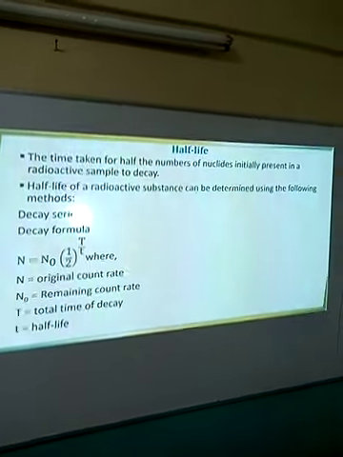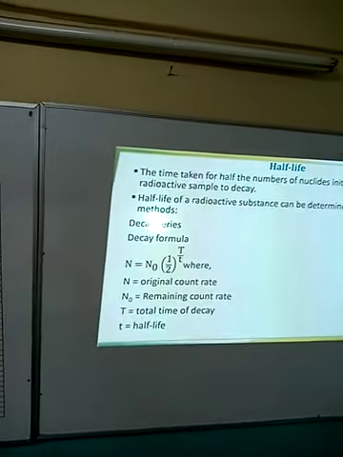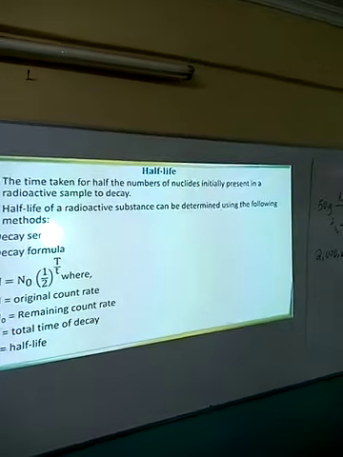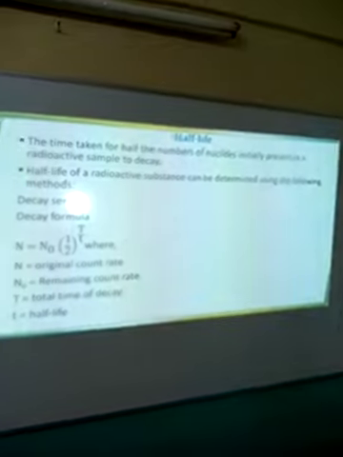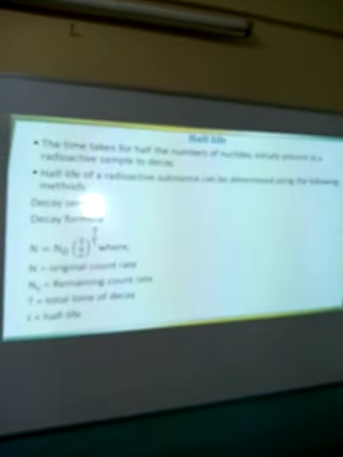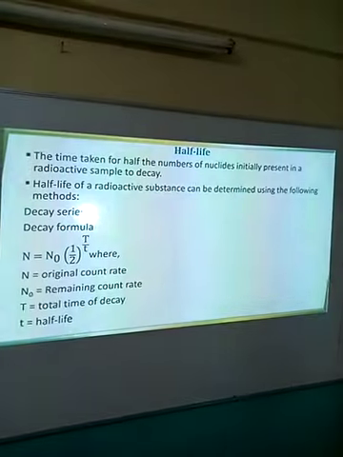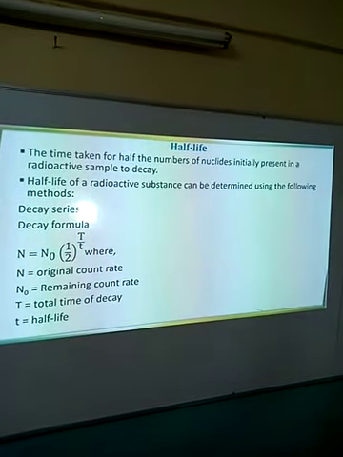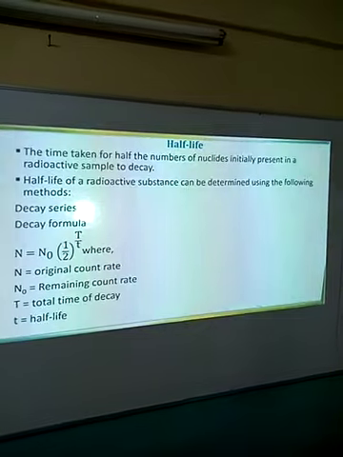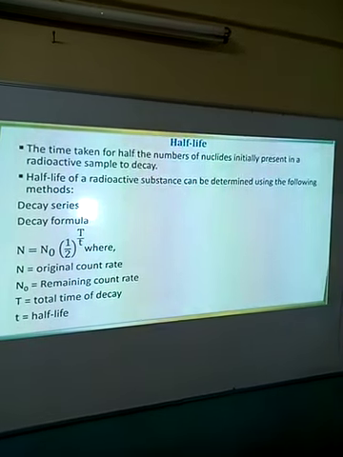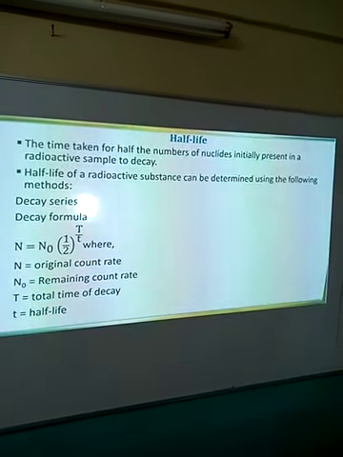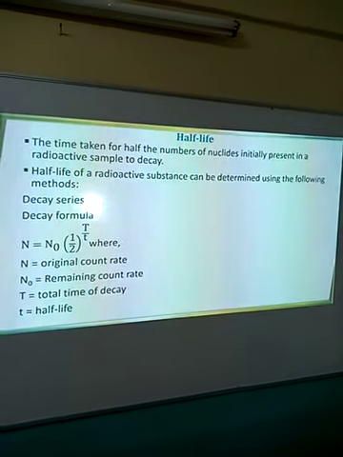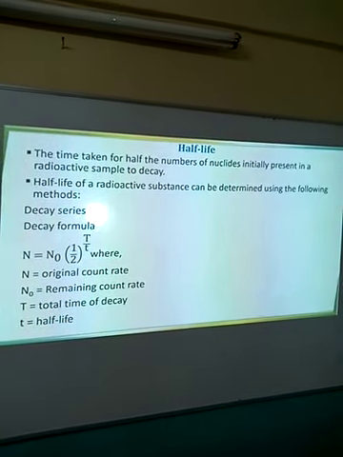Now, when we want to determine the half-life of a radioactive substance, there are 3 major formulas that we use. The first is called the decay series. You look at the original mass or original number of nuclides initially present, then you reduce it by half.